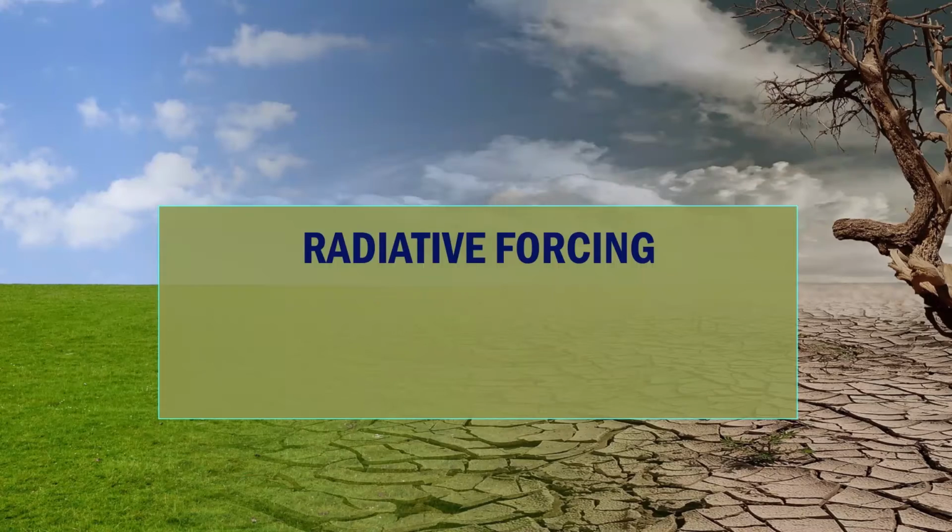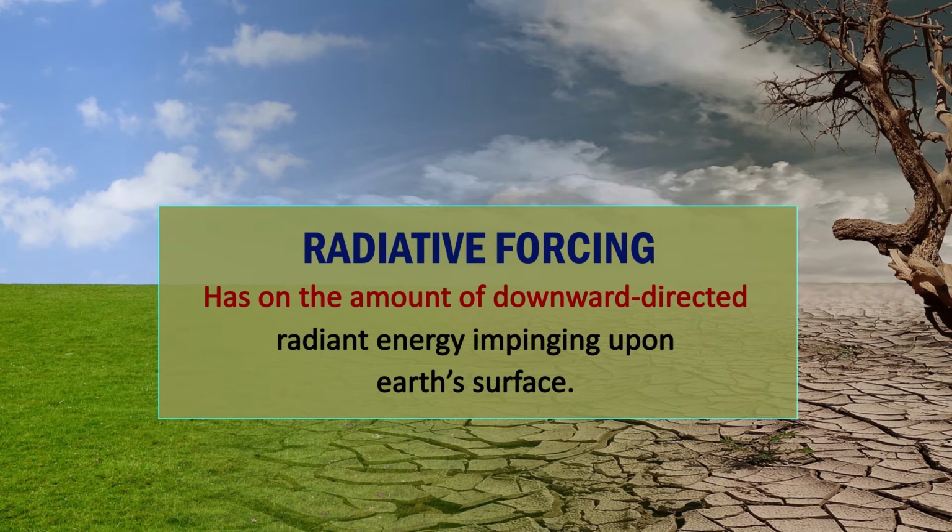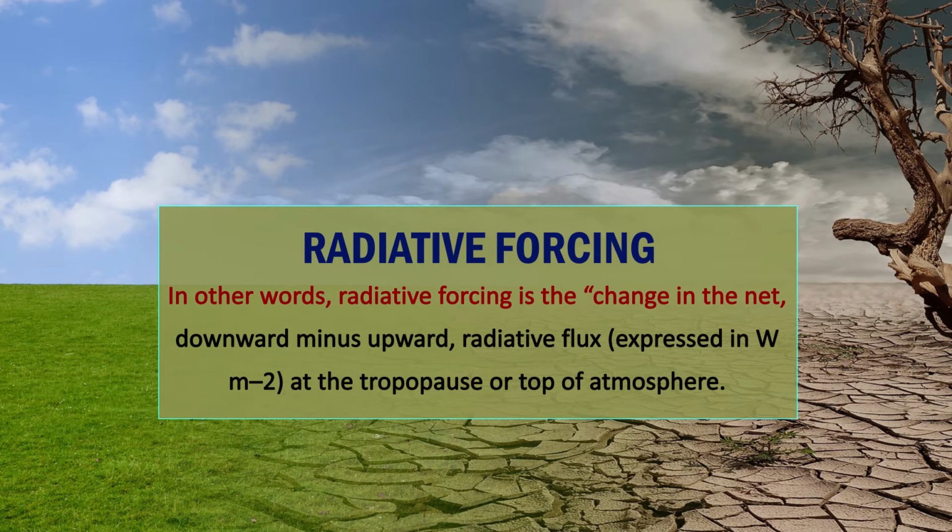The Intergovernmental Panel on Climate Change defines radiative forcing as a measure of the influence a given climatic factor has on the amount of downward directed radiant energy impinging upon the Earth's surface. In other words, radiative forcing is the change in the net downward minus upward radiative flux, expressed in watts per meter square at the top of the troposphere. We call it TOA, or top of the troposphere, or tropopause.